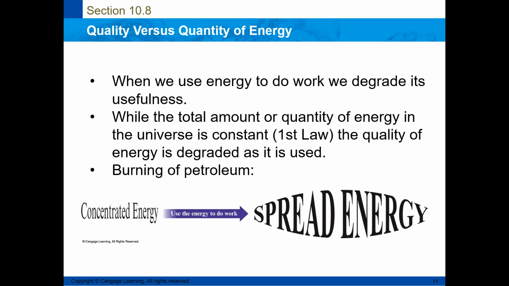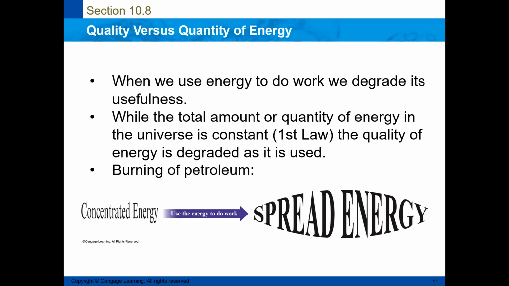Since the energy of the whole universe is a constant, you cannot lose it. So degrading doesn't mean leaving completely. What it means is it's spread out. It's not concentrated anymore.